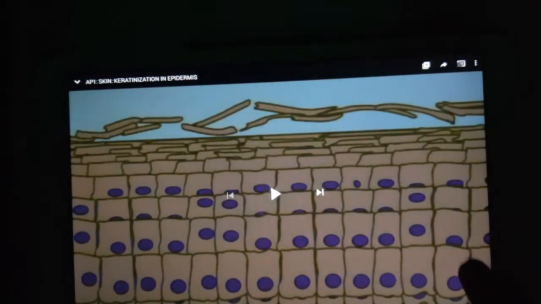Always the lower cells come up and become dead and form a very important barrier layer, the stratum corneum, and then the stratum corneum desquamates, it comes out, and new cells are formed. The process is dynamic. You can see that.